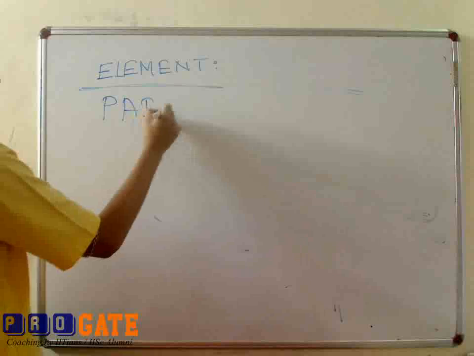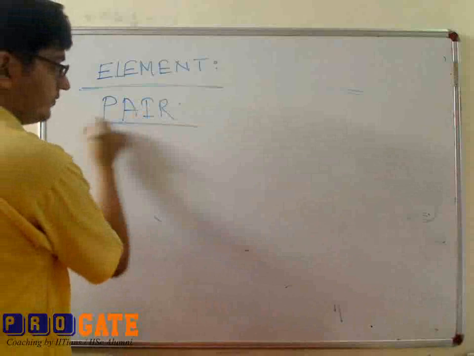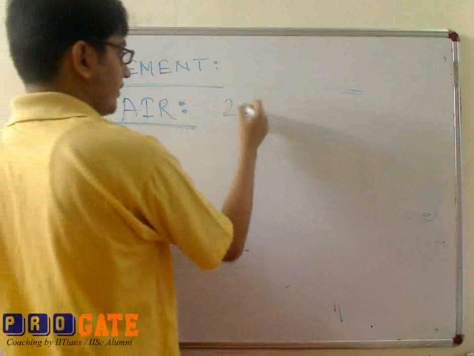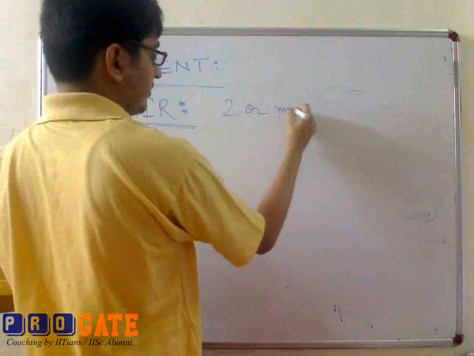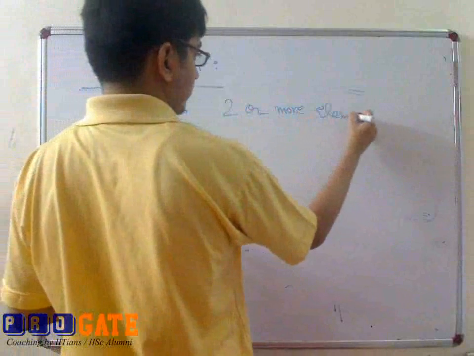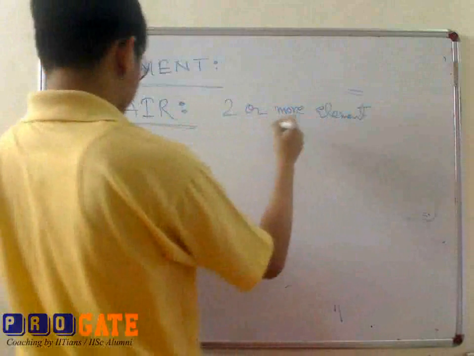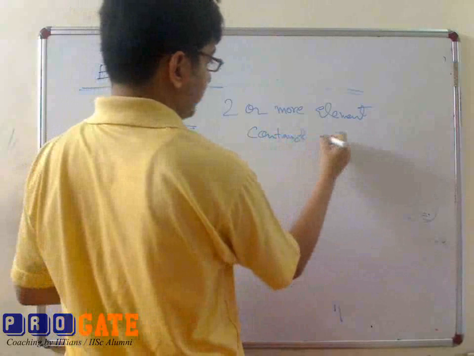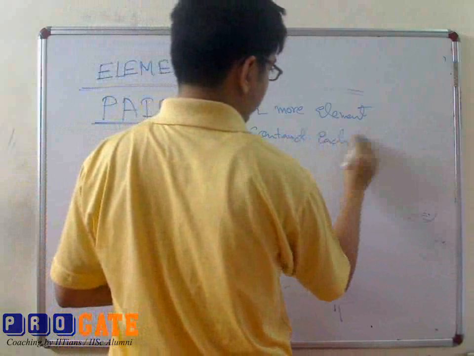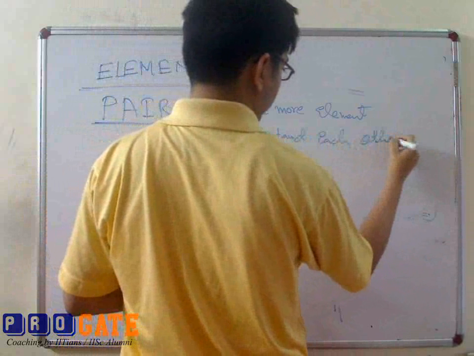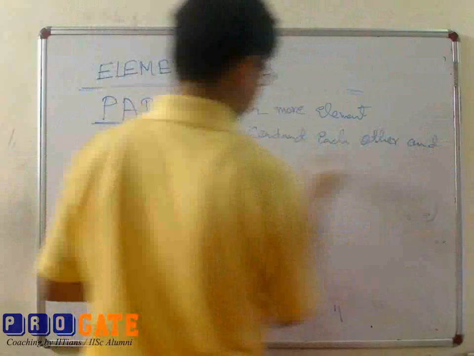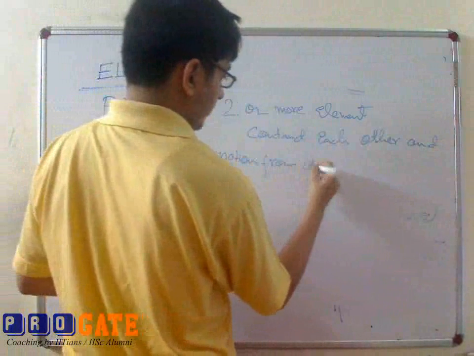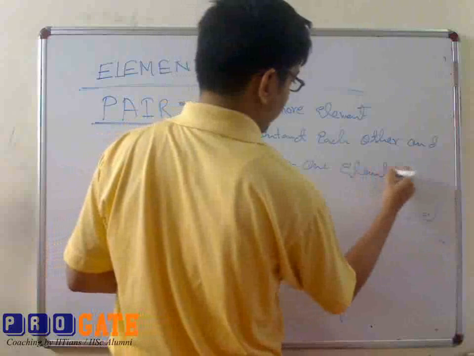Pair. When two or more elements contact each other and motion from one element is transferred to another element, then this is known as a pair.